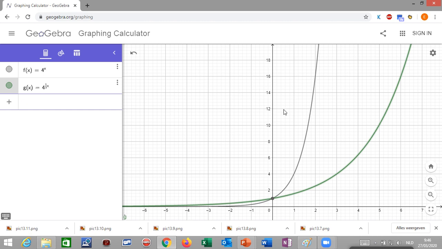So this here is stretched out with a factor 3 horizontally. This one as well, stretched out with a factor 3. This one too. So the function is actually stretched out with a factor 3.